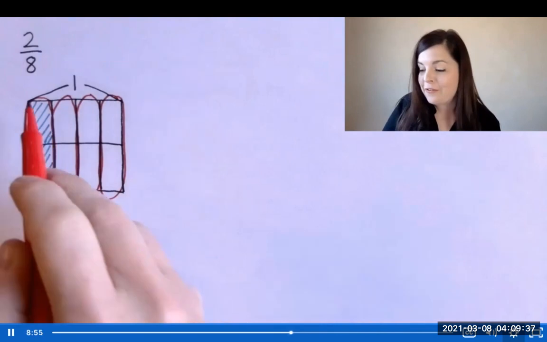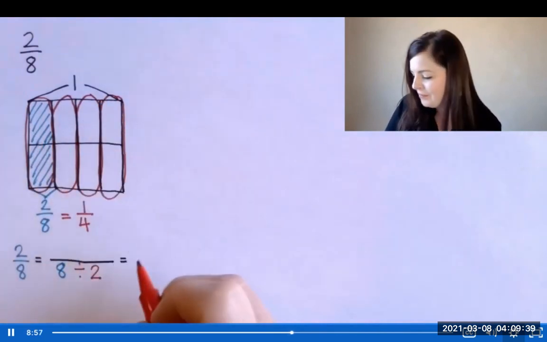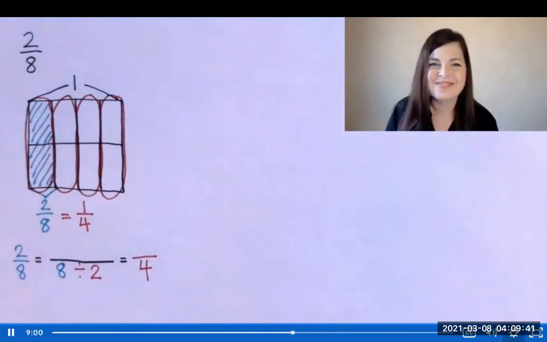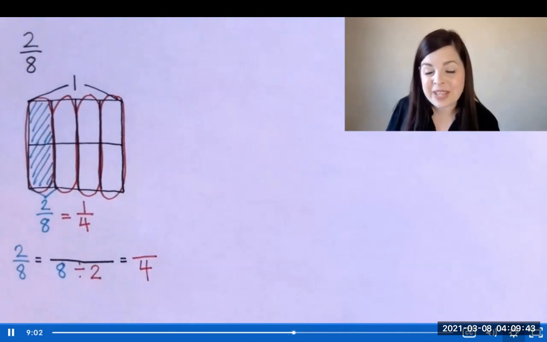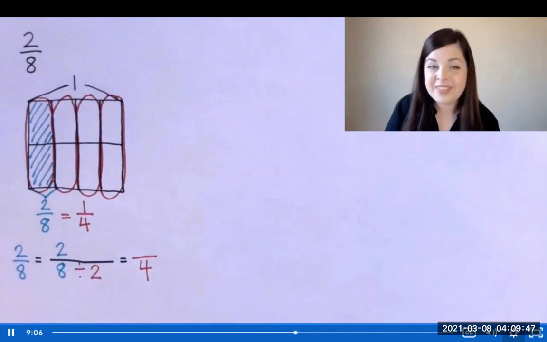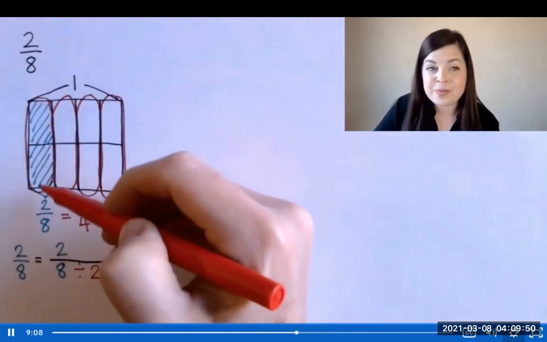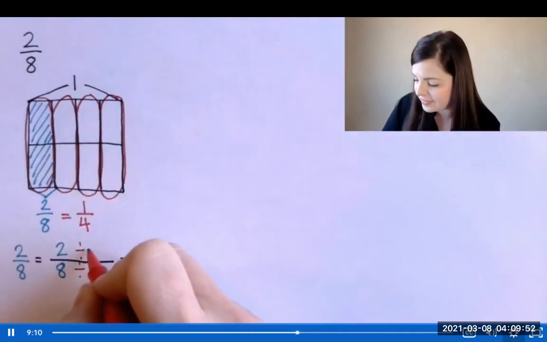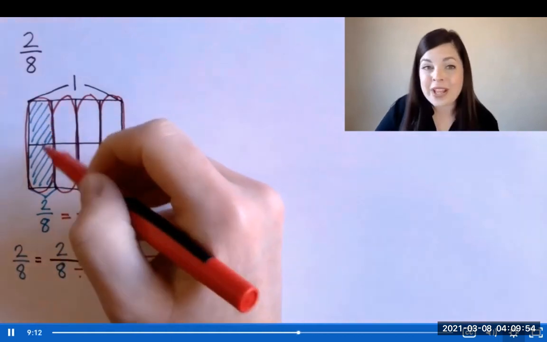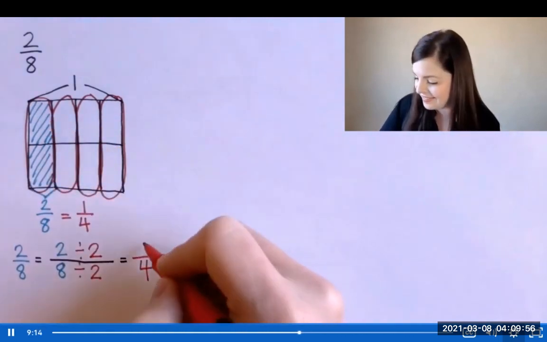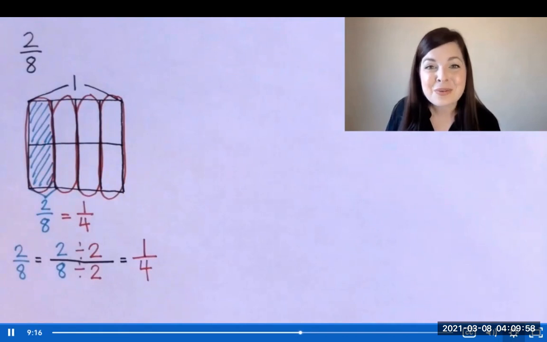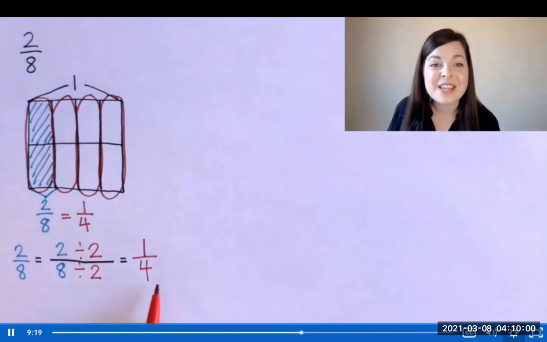And now we have 4 units in the whole. In the beginning, we had 2 selected units. Then we composed groups of 2. And now we have 1 selected unit. So we've shown with division that 2/8 is equal to 1/4.